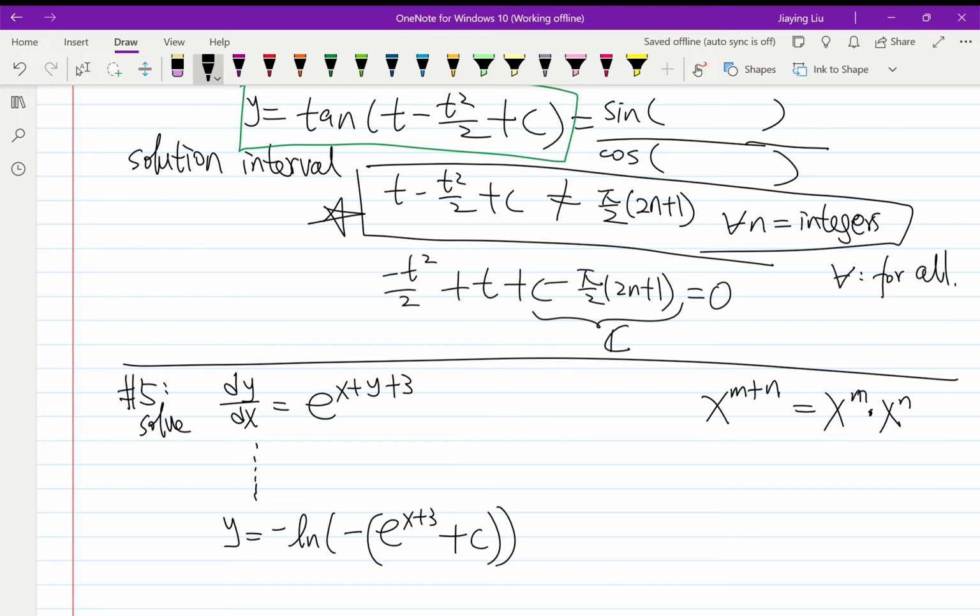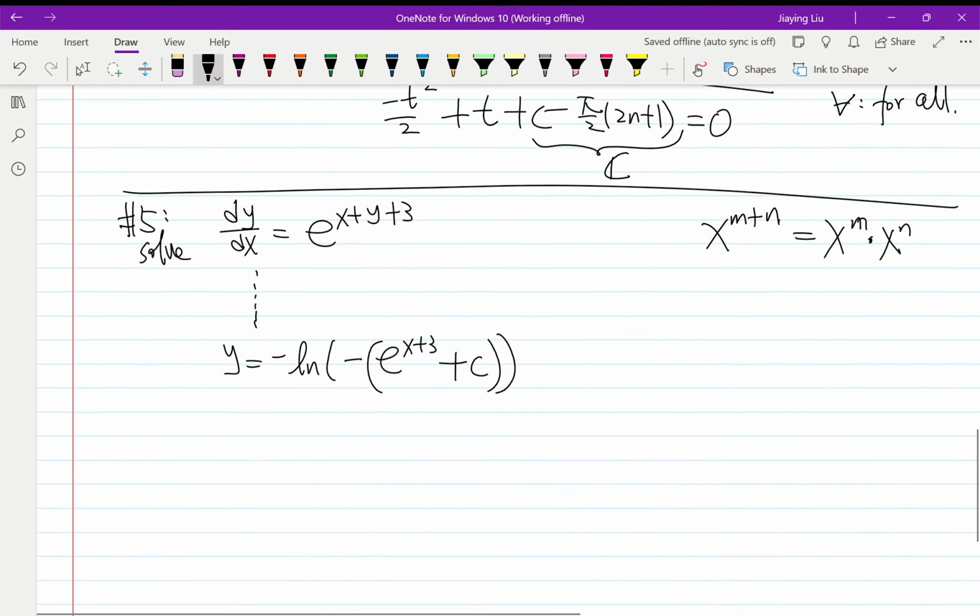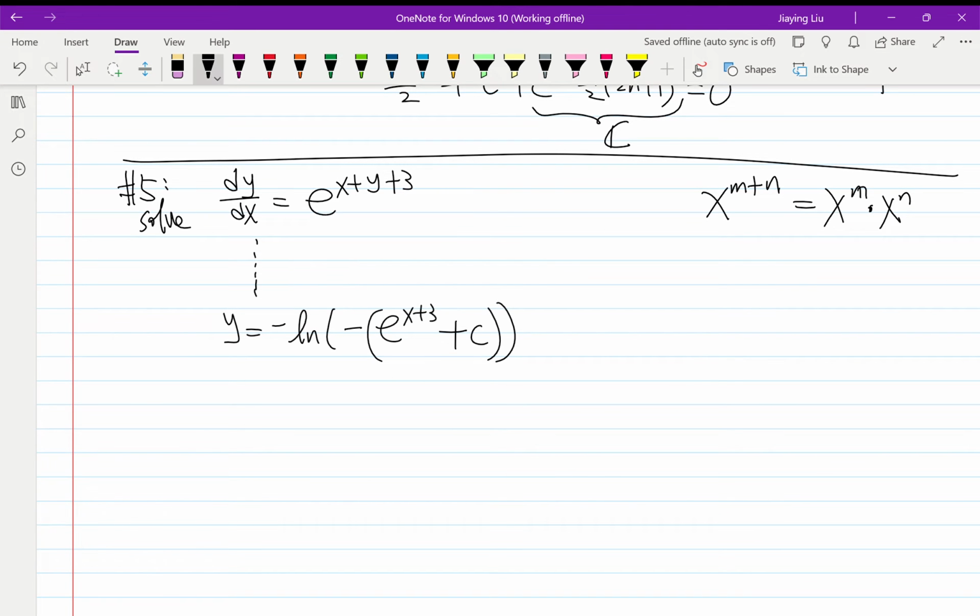That's the key part. If you remember that natural log graph, it's only on the right-hand side. It doesn't include x equals 0, and doesn't give you negative x, only x positive. This is y equals natural log of x. Therefore, if you want this solution to be valid, the part inside the natural log has to be positive.